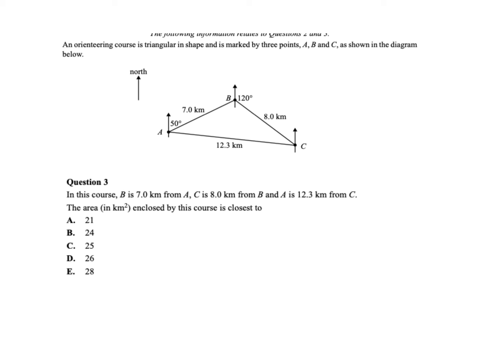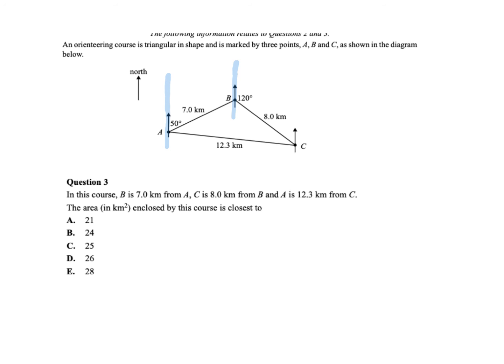Let's have a look at this one, and it said you've got a course again. It says the area of the enclosed course. So here's where we've got a bit of bearings in there as well. I'm going to show you. We've got these north lines going up here.